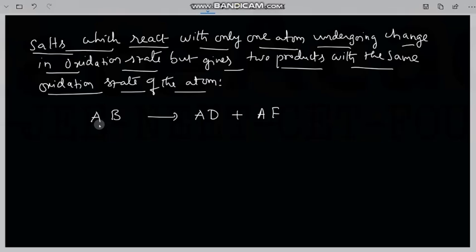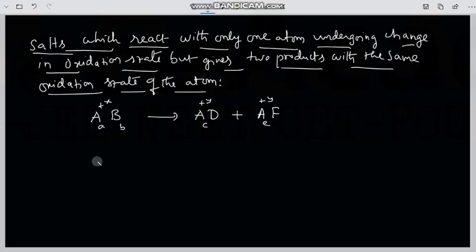In that, the number of A is small a, the number of B is small b, and in the first product AD the number of A is small c, and in the second it is small e. Assume that the oxidation state of A in the reactant is +X, and in the product side, AC and AE, the oxidation state is +Y. So this is the example for this model.